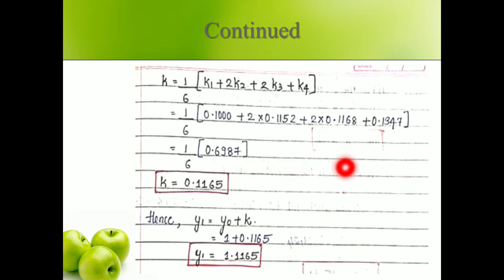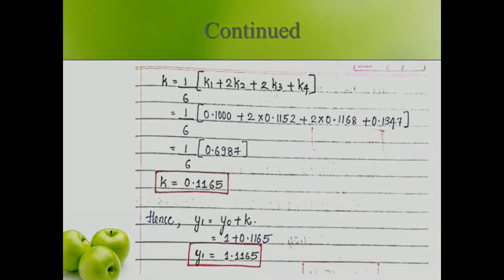Hence y1 will be equal to y naught plus k. y naught is 1 and the k value is 0.1165. So our y1 will be equal to 1.1165. This is the value for x equal to 0.1. Similarly, we have to find it for 0.2 also.